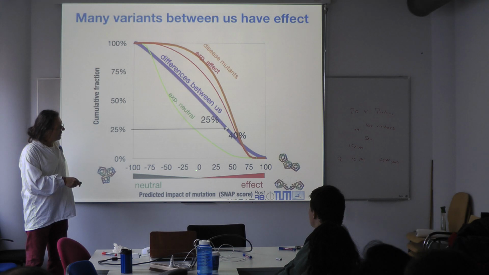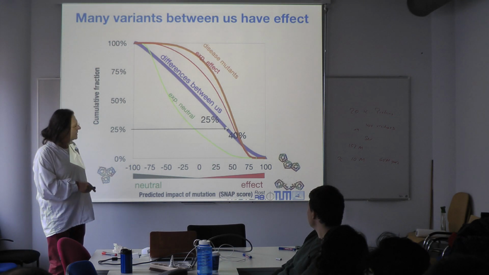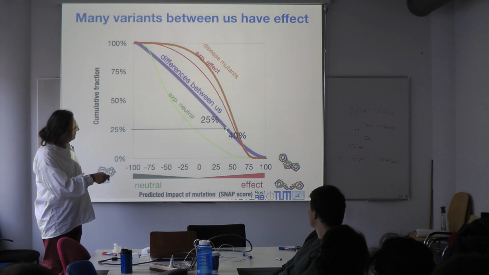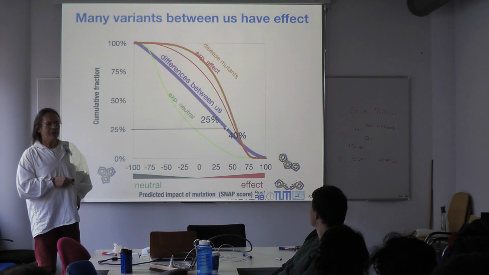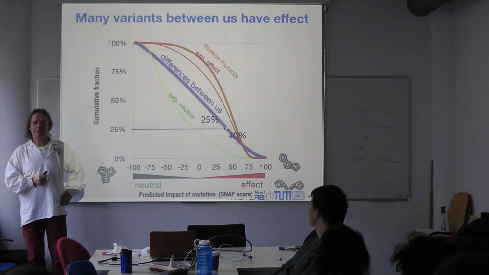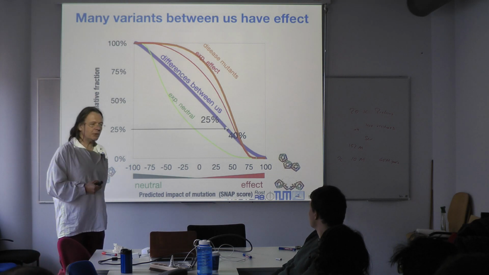We know the effect is stronger here than here. We cannot say that everything here is an effect because we somehow make prediction mistakes, but if we pick something like 50, that clearly is an effect. And this is for 25% of all the 7.5 million. We have something in the ballpark of 50, which means strong effect.